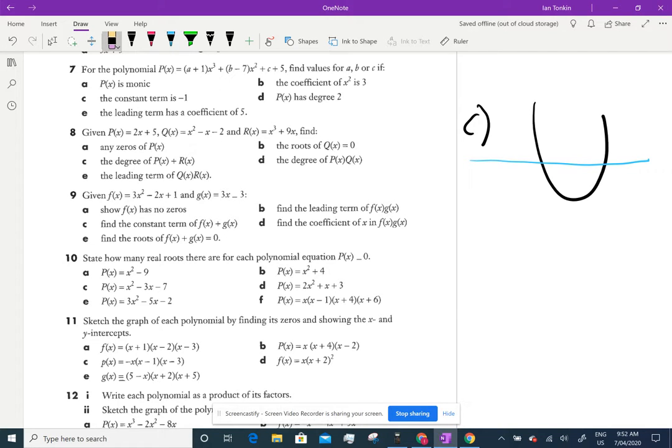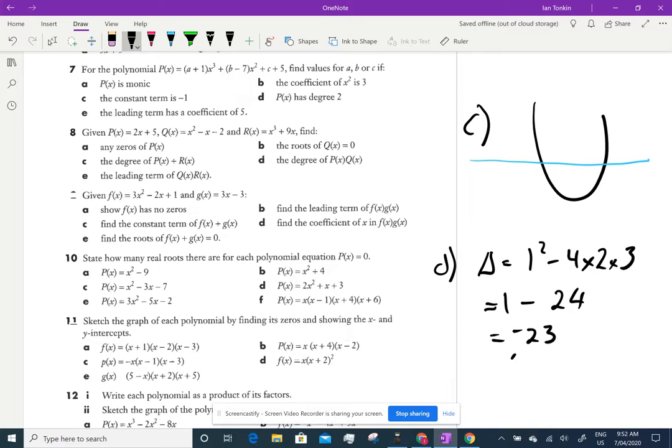This one I'm not sure about. So what would I do? I'd probably pull out the discriminant. And the discriminant, for D, is b squared minus 4ac, so 1 squared minus 4 times 2 times 3, which is going to be 1 minus 24, which is -23, which is less than 0, so no real roots.